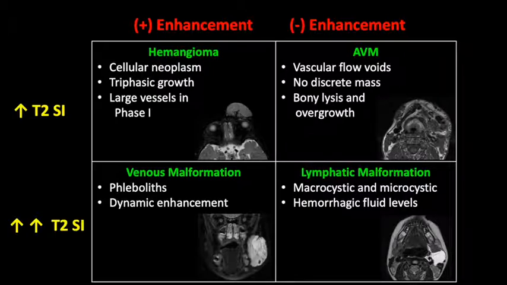And finally, lymphatic malformations occur in 2 flavors: much more common macrocystic ones, which image like cysts, as well as less common microcystic lesions that may have a little bit less of that fluid signal because the cysts are so small. We know that lymphatic malformations can hemorrhage, so hemorrhagic fluid levels in a non-enhancing and very bright T2 signal intensity mass should make us think of lymphatic malformations.